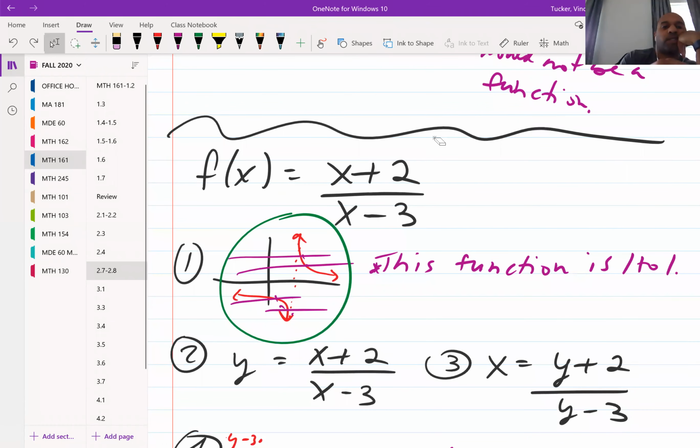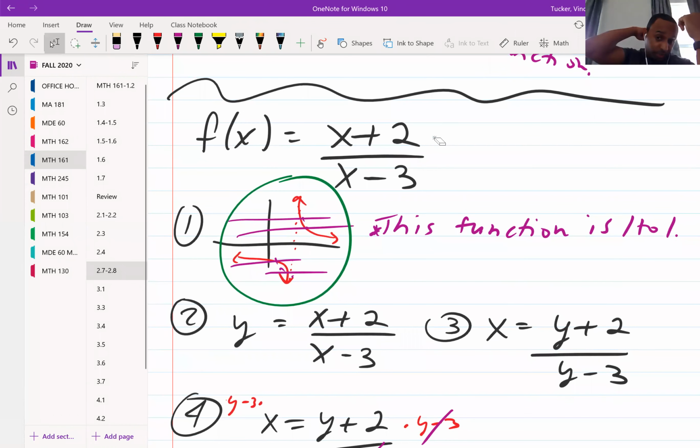So second step, take f of x and substitute y in for f of x. Then we're going to interchange x and y. So y's are here, x is here, because at first the x's were over here and the y was right here. So we interchange x's and y's.